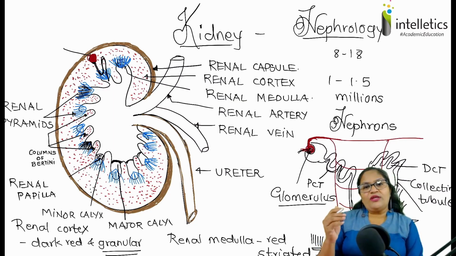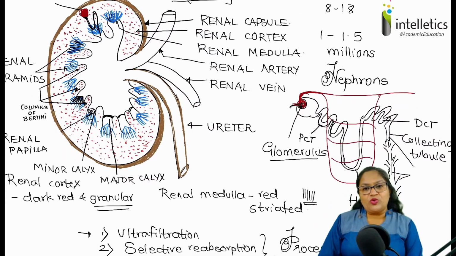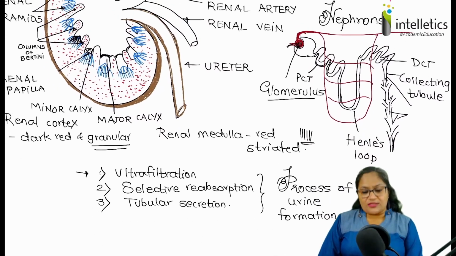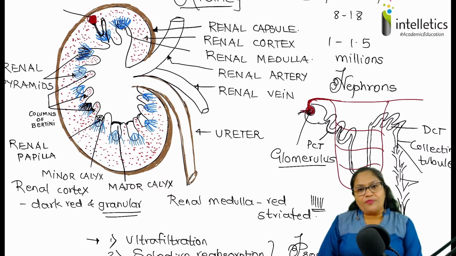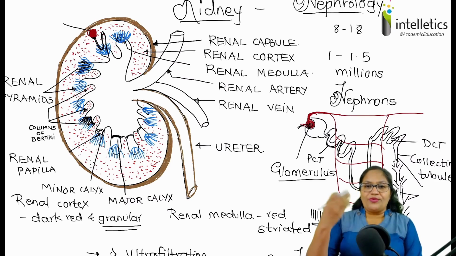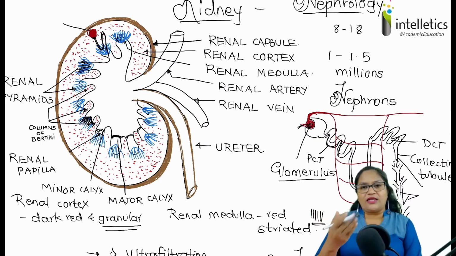So the urine that is formed in each nephron will ultimately go through the collecting tubule into the collecting duct. Collecting ducts will open up at the tip of the renal pyramid. So this will discharge the urine via the renal papilla into a small space called a minor calyx. The minor calyx opens up into a larger area, the major calyx.